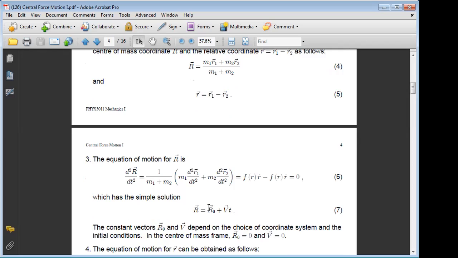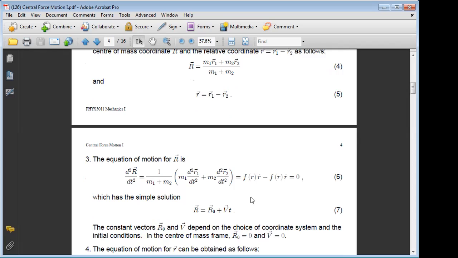R vector equal to a constant vector plus vt. All right, because the acceleration is 0, and the center of mass particle moves with a uniform velocity.